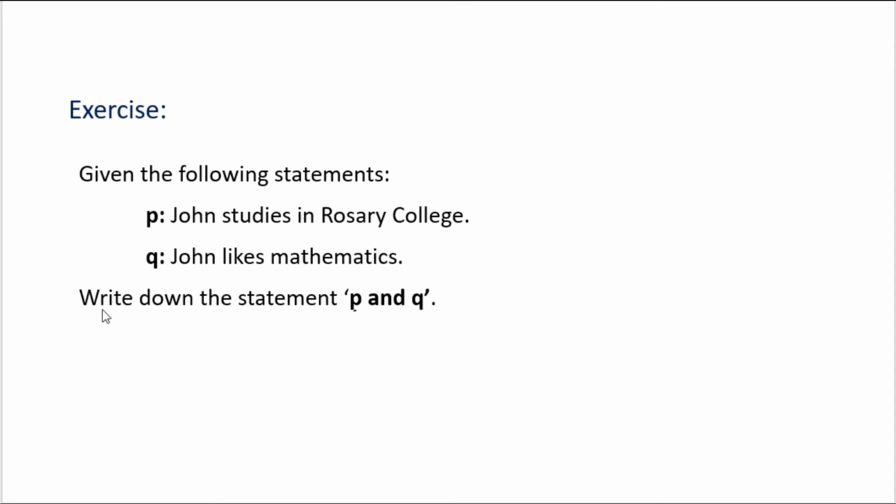We are asked to write down the statement P and Q. That means we are asked to combine P and Q into one statement by using the connecting word AND.